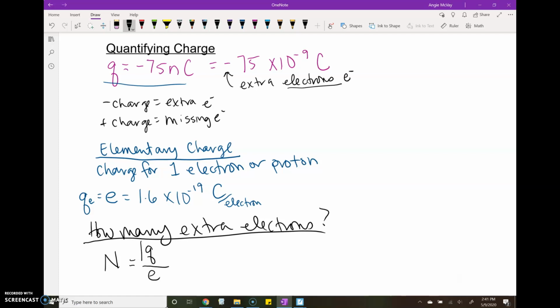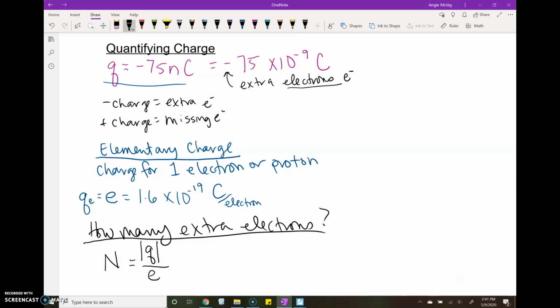Now, I'm going to put absolute value signs around this charge because otherwise we'll kind of get ourselves confused. Whether the net charge is negative or positive will tell us whether they're extra or missing electrons.